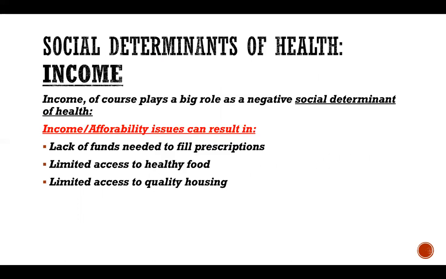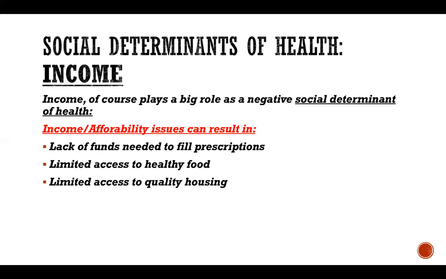One of the main social determinants of health that I thought was really important was income. Income plays a big role as a negative social determinant of health in many ways. Affordability issues can result in a lack of funds needed to fill prescriptions for patients, which can be very significant.